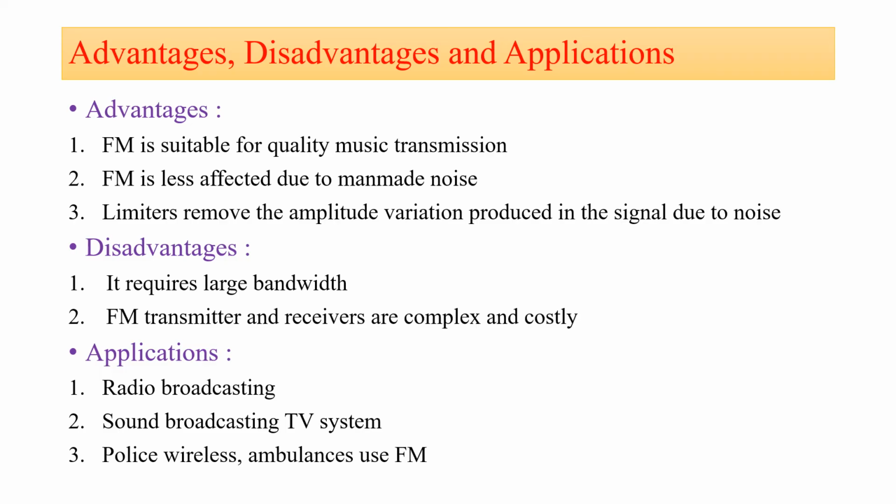These limiters are used to remove the amplitude variation produced in the signal due to noise. So these are the various advantages of the FM technique. Similarly, there are some disadvantages of the FM technique over amplitude modulation. First, it requires a large bandwidth, and FM transmitters and receivers are complex and costly as compared to AM.